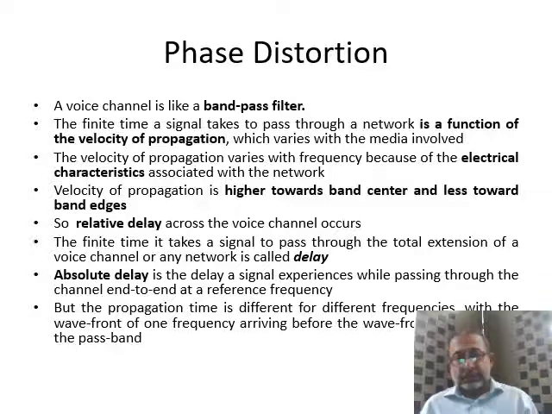It means that the frequencies exactly in the center of the whole band from 200 to 3200 hertz would have a velocity of propagation quite higher compared to those nearing 3200 hertz at the highest level and nearing 200 hertz at the lowest level, whose velocity of propagation at the extremes is lower.